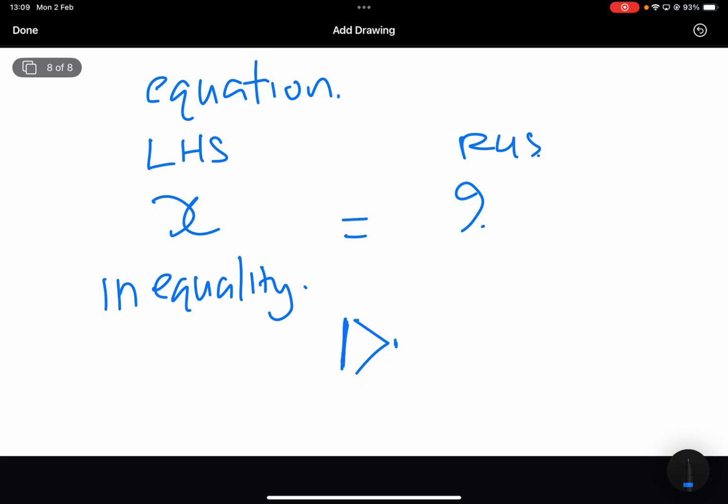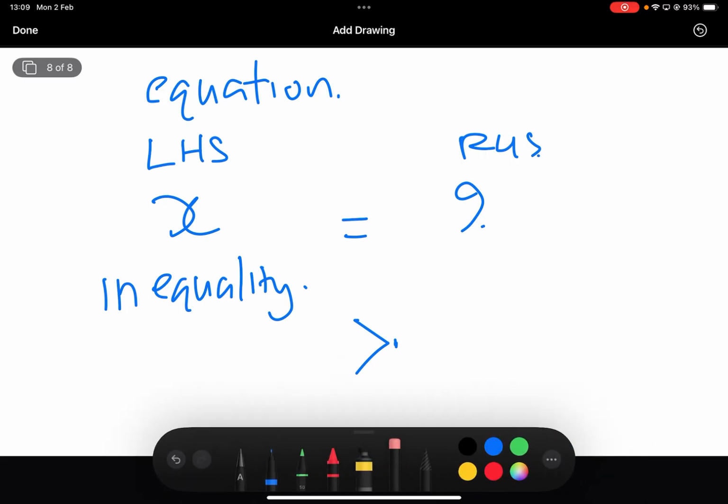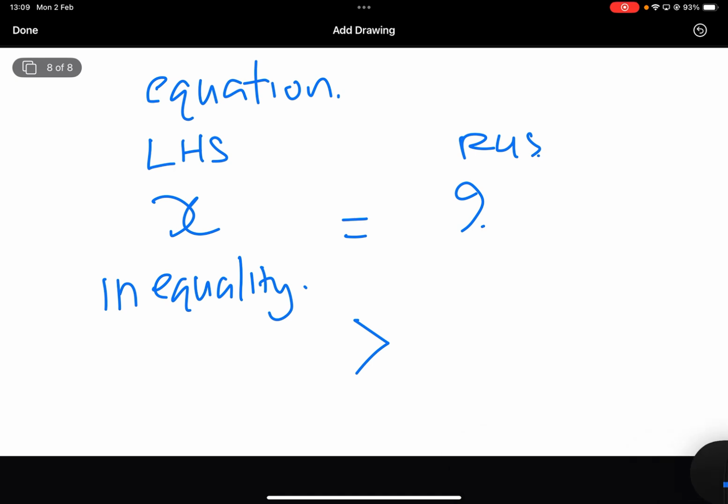Okay? So what this sign means is, again, we still have our left and our right. Whatever is on the left is bigger than whatever is on our right. So if now I still write this, it means that my x is larger than 9. x is not equal, that's why we call it inequality. x is larger than 9.